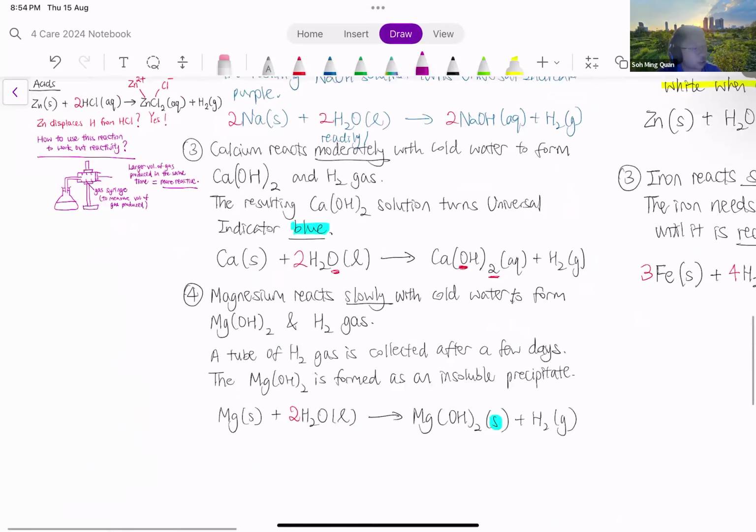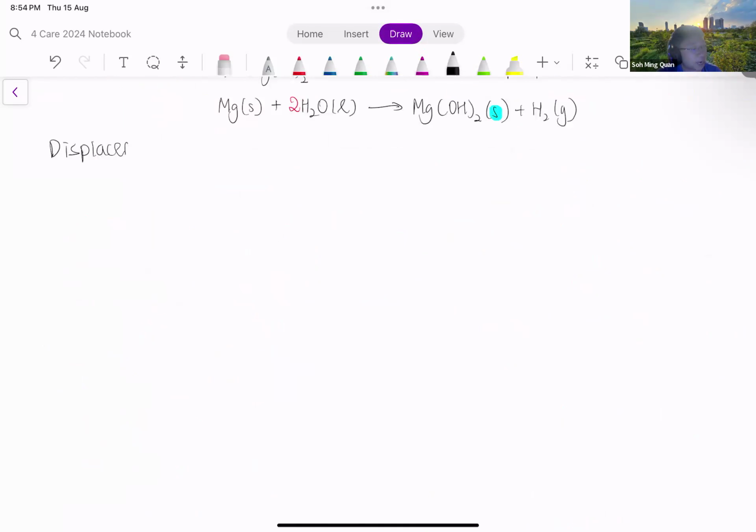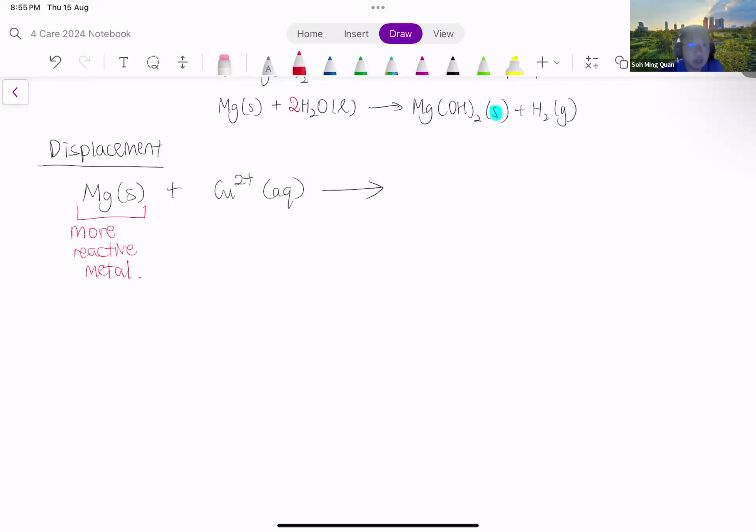Now, displacement reactions, basically the concept behind this is that the more reactive metal displaces the less reactive metal. A good example is magnesium with copper. Magnesium is a more reactive metal, because it's above copper in the reactivity series.